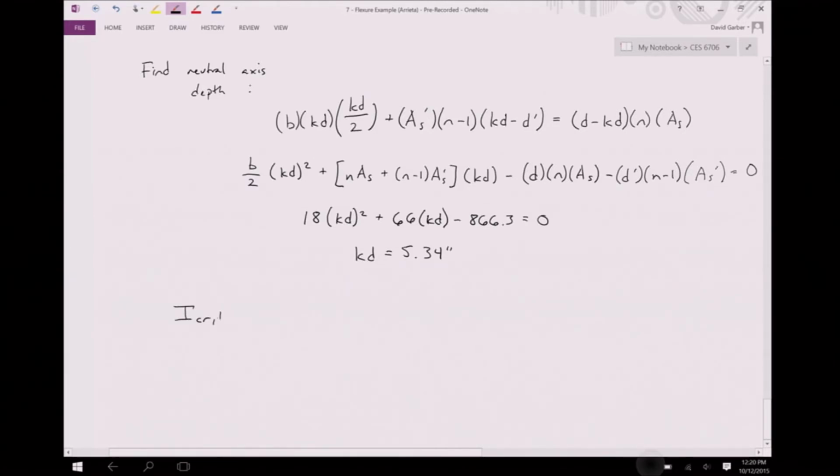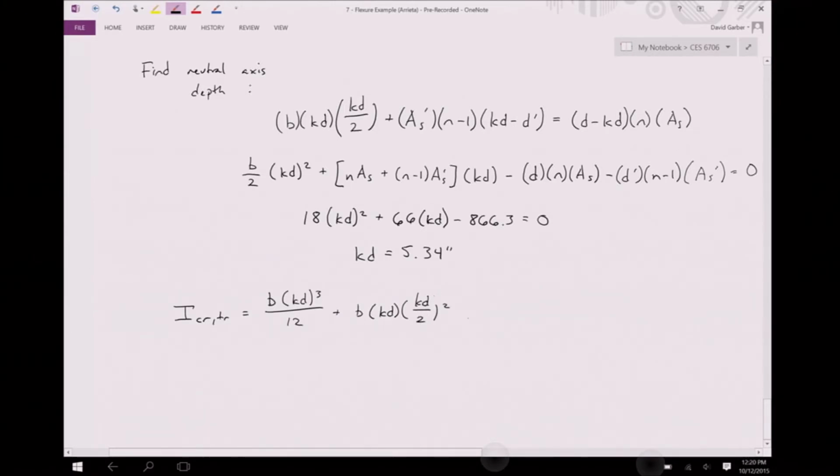So I cracked transformed is just going to equal the moment of inertia of each of the elements plus the area times the distance squared. So we'll use parallel axis theorem again. So we can find B kd to the third over 12 plus B times kd times kd over 2 squared.